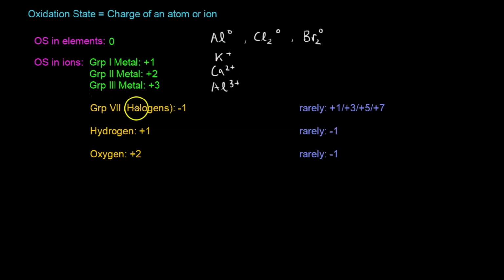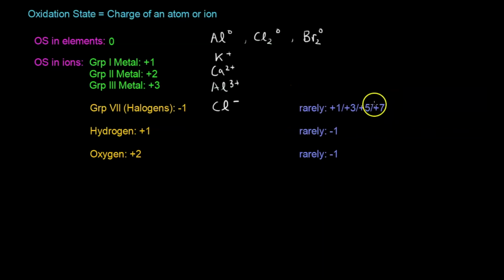What about others? For example, halogens, group 7. We have covered this in our periodicity chapter. An example of halogen is Cl minus, -1 charge. Halogen can also have +1, +3, +5, or +7 charge, but that's very rare. So I would suggest that in your syllabus you can just keep this at the back of your mind.